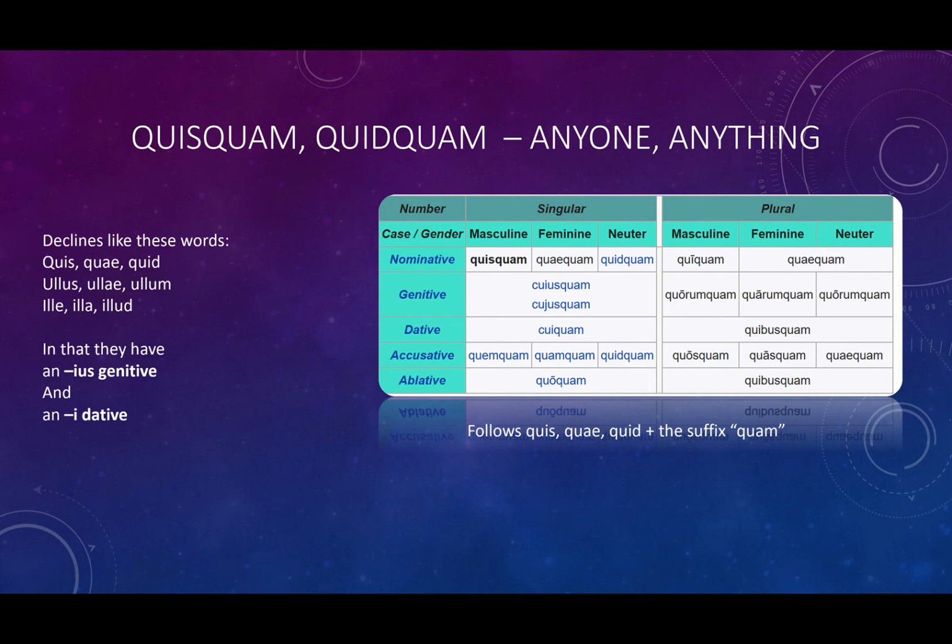It declines like these words, quis, quae, quid, and you slap on the suffix quam, unlike ullus, ulla, ullum, ille, illa, illud, and all those other words in that they have the ius genitive and the i dative. And here's our example sentence, nec quisquam qui illud fecerit errabit. This one, we have to rearrange the English word order a little bit to get that nor, that nec, but nor will, that will is coming from the errabit, nor will someone who does this, fecerit, err.